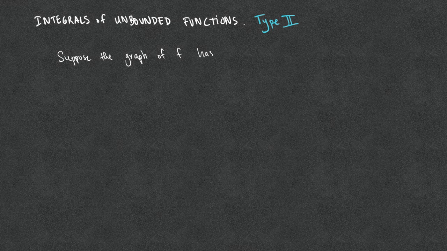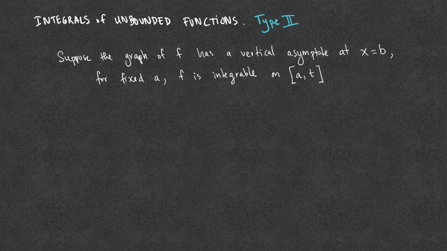Suppose that the graph of f has x = b as a vertical asymptote, and that for a fixed, f is integrable on the interval [a, t] for all t in [a, b).